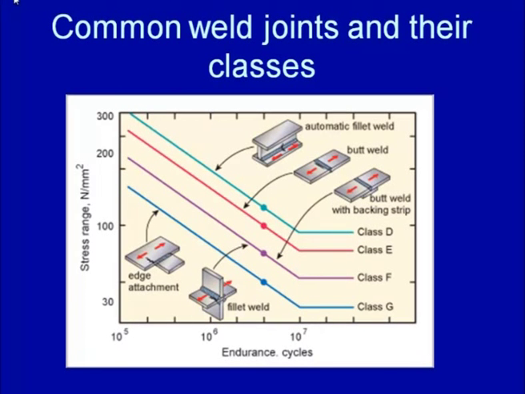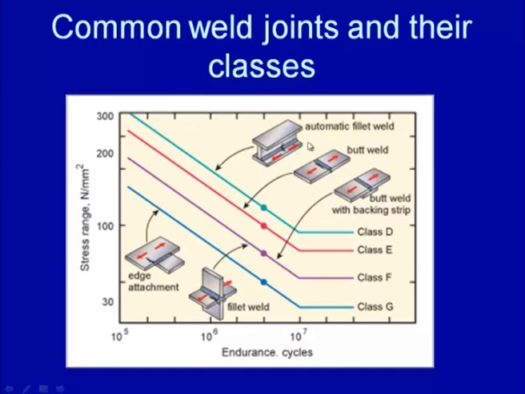So, for design purposes, the different types of weld joints are first classified or categorized into different classes, and based on that we decide the allowable stress range for a given weld joint, so that the weld joint design can be obtained and a safe weld can be made.